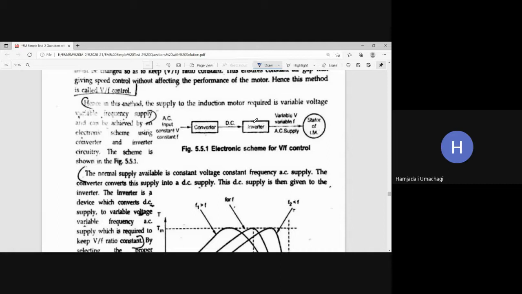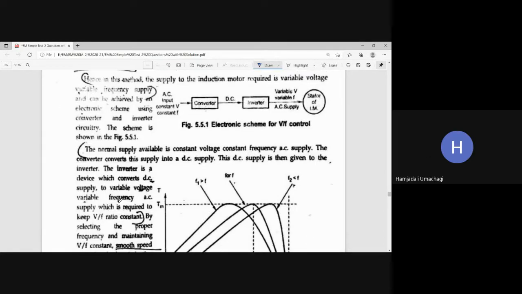What the inverter does is convert DC to AC, but that AC now has variable voltage and variable frequency. The inverter is a device which converts DC supply to variable voltage, variable frequency supply, which is required to keep the V by F ratio constant. So now this inverter gives us the variable voltage and variable frequency required for V by F control.